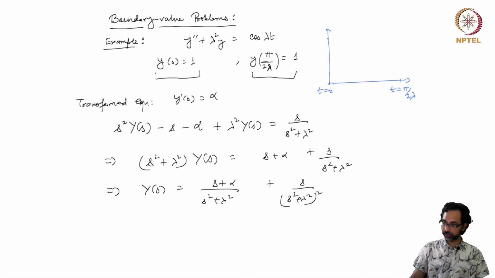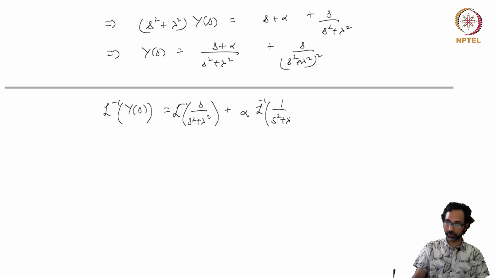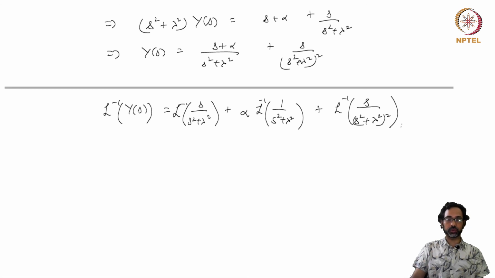And now we can try to invert this Y(s), the inverse Laplace transform for Y(s). The first term is s by s square plus lambda square. The second term is alpha times the inverse Laplace transform of 1 over s square plus lambda square, and the third term is the inverse Laplace transform of s over (s square plus lambda square) whole squared. In this case the first term is simply cos lambda t, the second term is simply alpha sin lambda t.